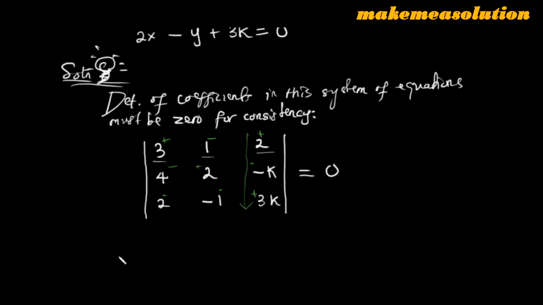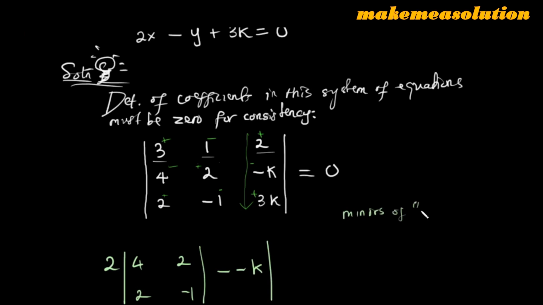If you expand this determinant, starting with this element 2, the minor of this 2 is going to be 4, 2, 2, -1. Then you go to this one. Since it's a minus, you have minus k into, then the minus of minus k is going to give me 3, 1, 2, -1.